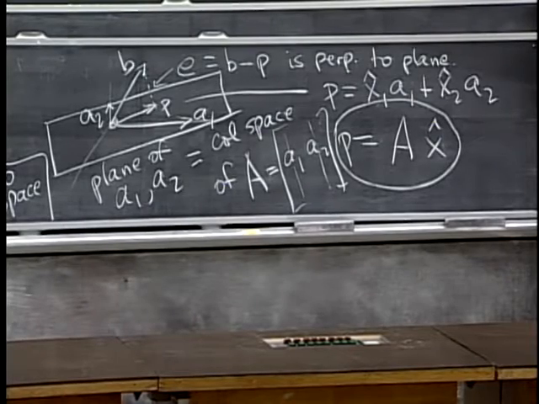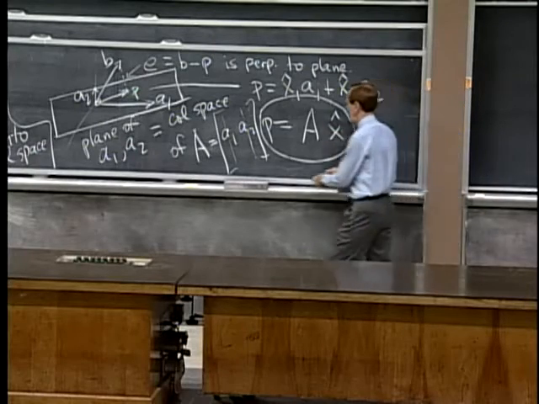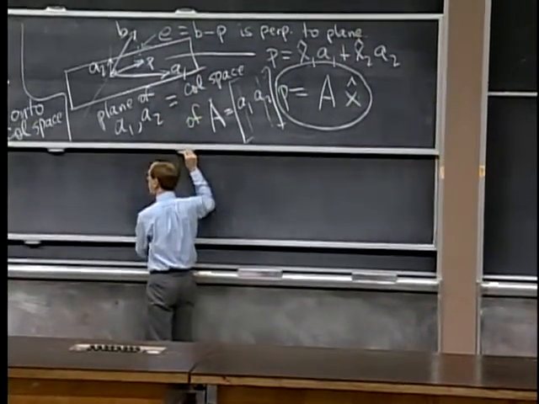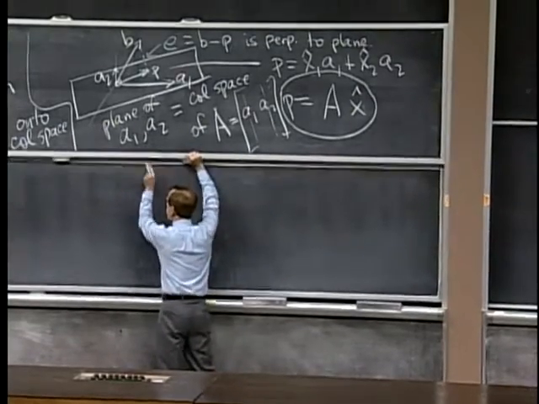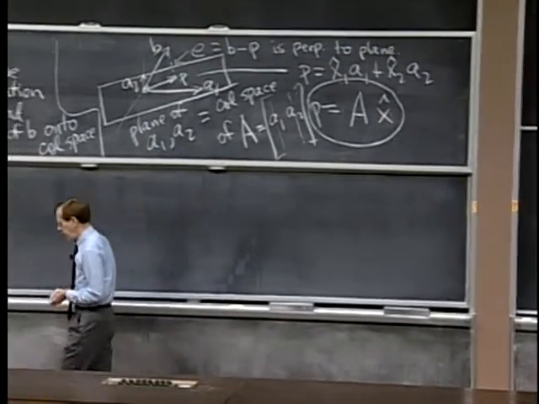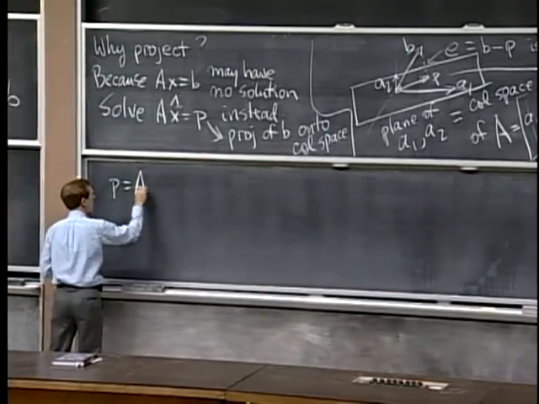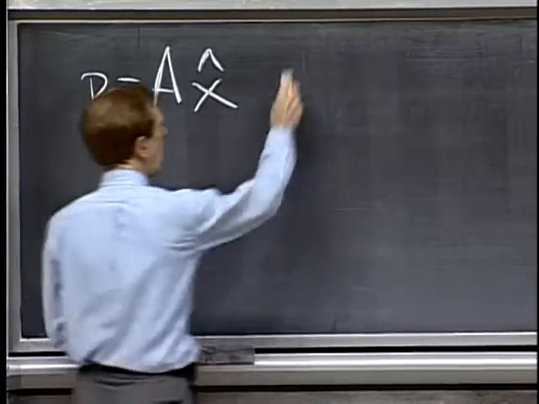Now, let me turn that into an equation. So I'll raise the board and just turn what we've just done into an equation. So I'll write again the main point. The projection is A x hat, and our problem is find x hat.